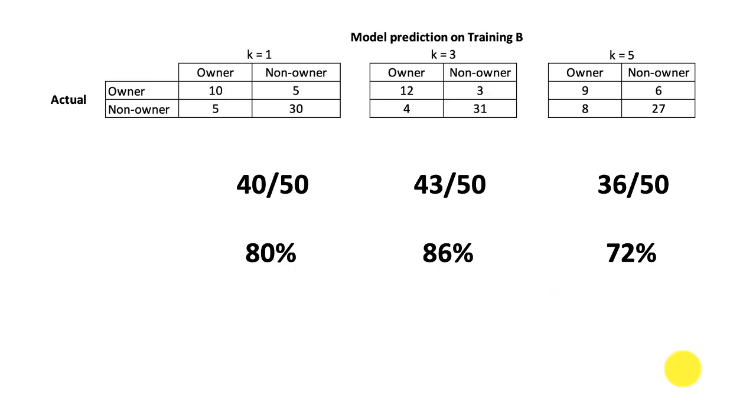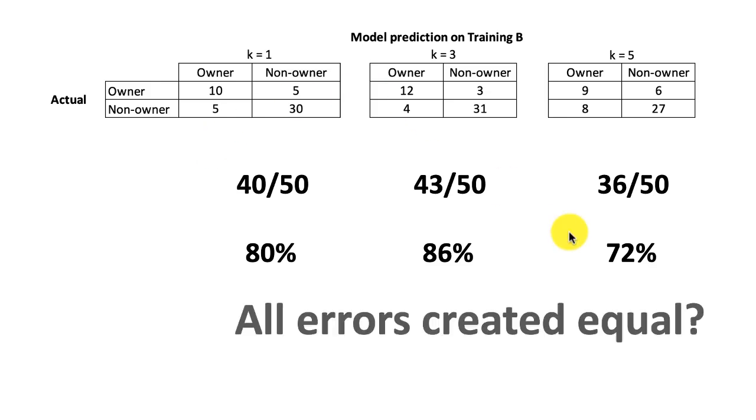Of course, when we use the default cutoff, we are assuming that all errors are created equal. In other words, classifying an owner as a non-owner is as bad as classifying a non-owner as an owner, right? But based on our prior discussions, we already know that this may not be the case. Okay, it could be the case that one kind of mistake is much more costly than another kind of mistake.